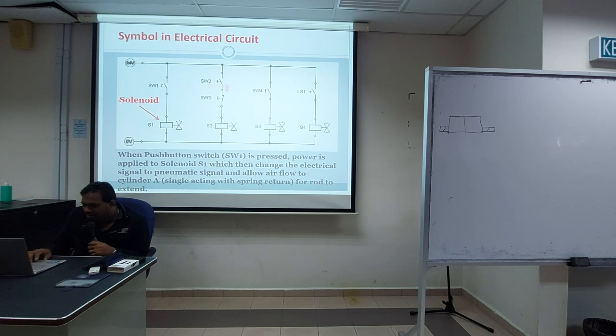Okay, then this side you have switch 1. Boleh tengok, yang ni terbuka, yang ni tertutup. So SW3 ni adalah emergency switch to disconnect the circuit if anything happen. Kalau you tekan yang ni, yang ni dah connected, so solenoid 2 will be energized.